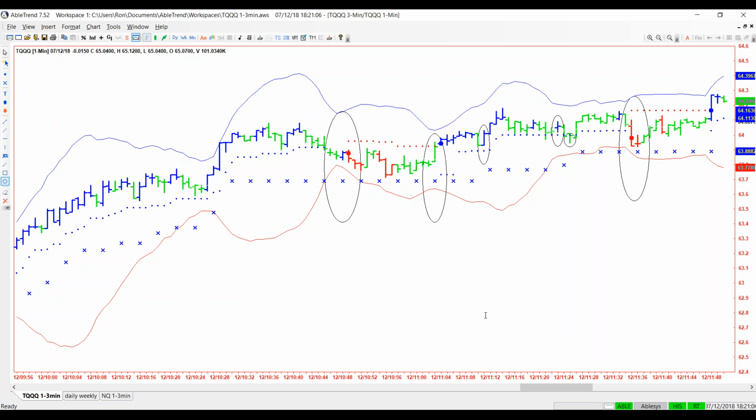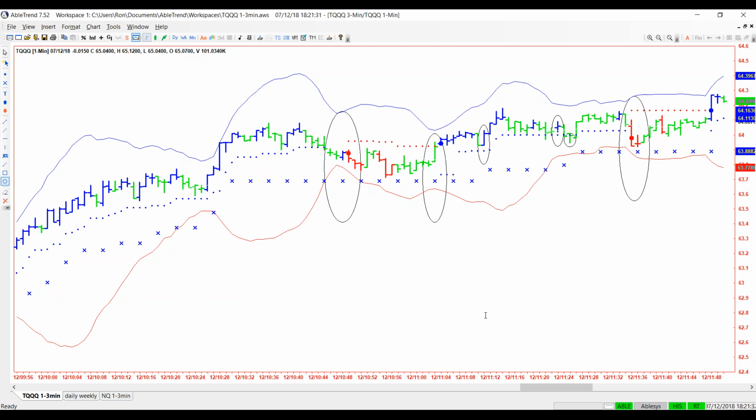The hard part is just trying to sludge through a couple of losses in a row because it just works on your mind. That's just normal. We all get that. So hope this was helpful. Same colors and dots, same rules. You can trade any markets in the world, currencies, crude oil, gold, doesn't matter to AbleTrend.